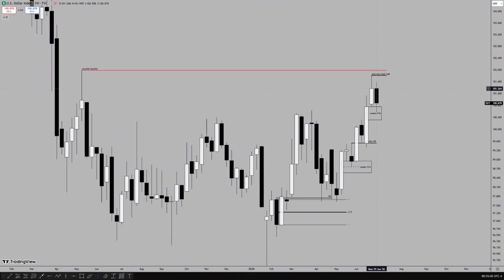Last week I pointed out that if there's going to be a daily continuation in price, the draw on liquidity I'll be looking at price to trade to is the previous week high. And if there's going to be any continuation in price, the overall target is the buy side liquidity.